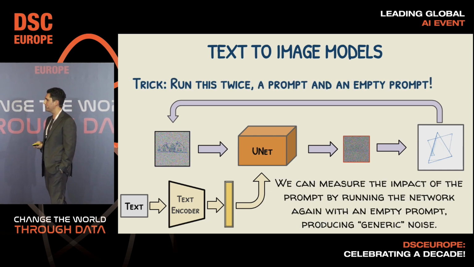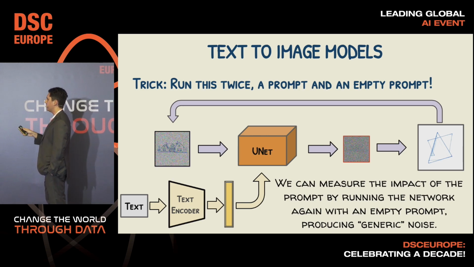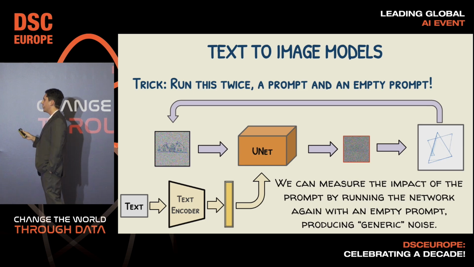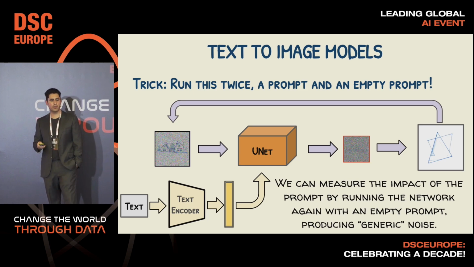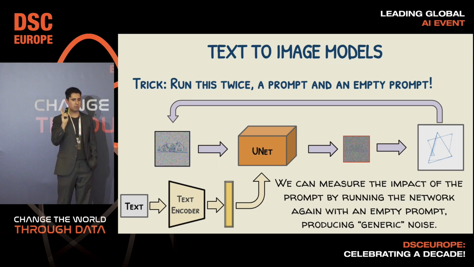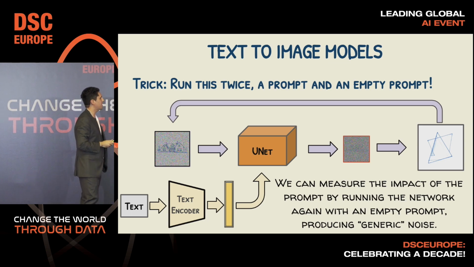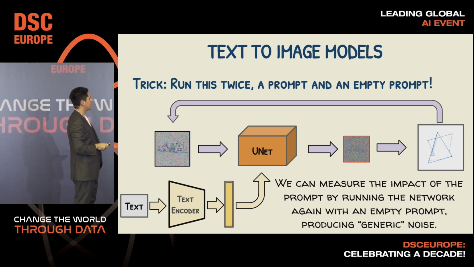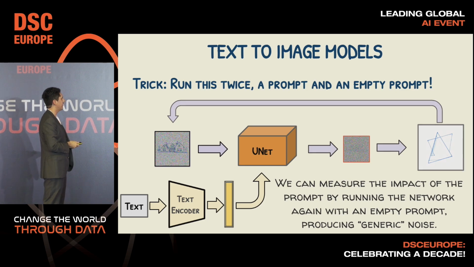Many more tricks, but we'll discuss this one. We can actually measure the impact of the prompt by running the network again with an empty prompt to produce essentially generic image noise. So here's the trick. You're going to run this twice, once with your desired prompt, and then once with your empty prompt.